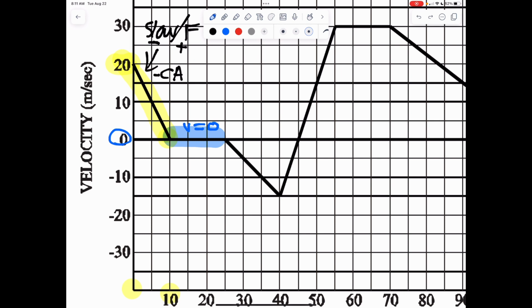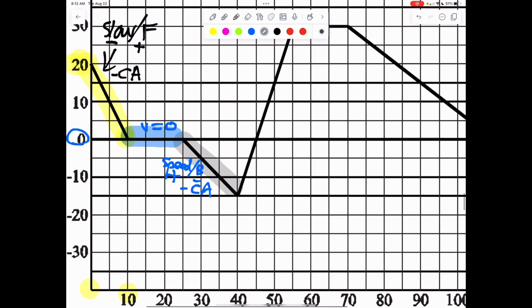The car is gaining velocity from 0 to 15. I'm just going to use forward and backward right now. So the car is speeding up, which is a positive change in velocity, going backward, which is negative. So this is also negative constant acceleration for those 15 seconds.